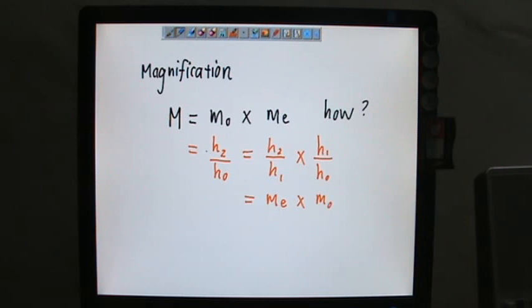That's why you have grand magnification M equals MO times ME. Or you can just remember grand magnification as MO times ME.